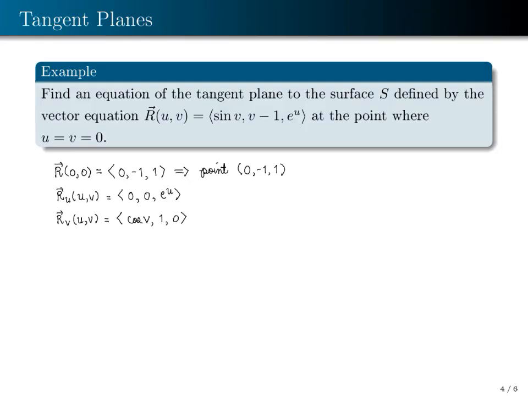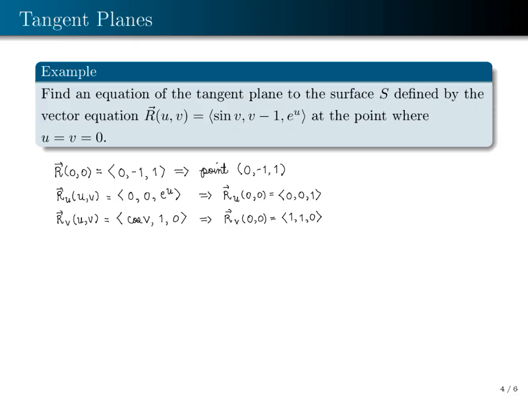It is better to evaluate first both partial derivatives at (0, 0). Thus, we get r_u at (0, 0) is equal to the vector with components 0, 0, 1, and r_v at (0, 0) is equal to the vector with components 1, 1, 0.